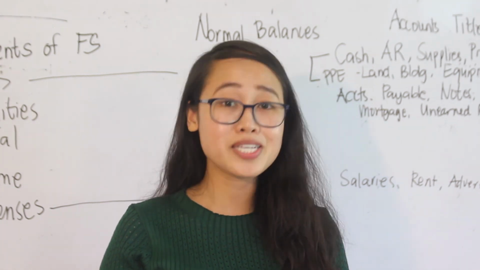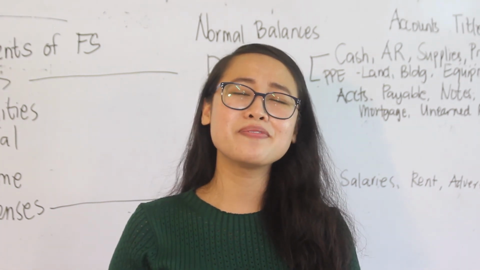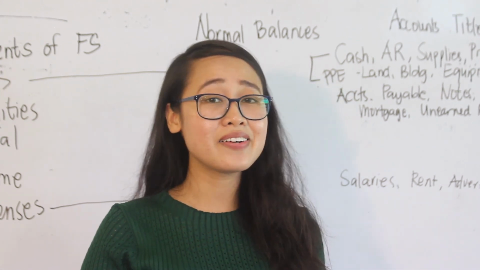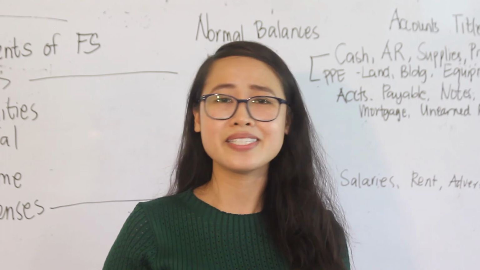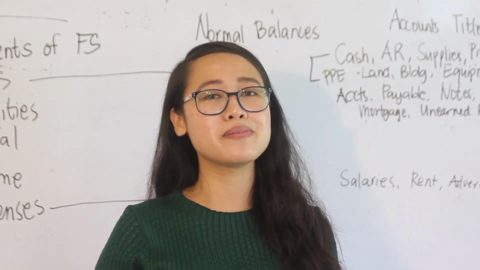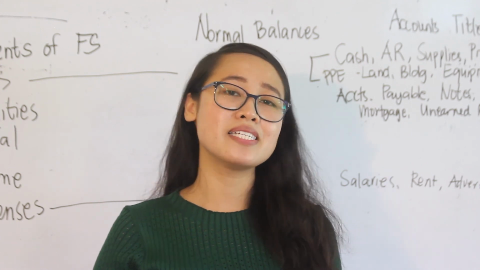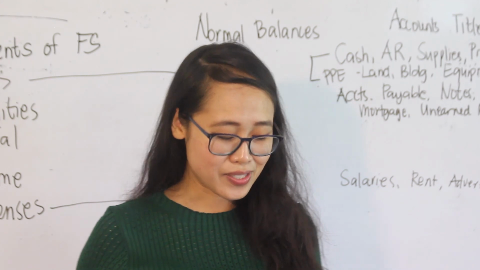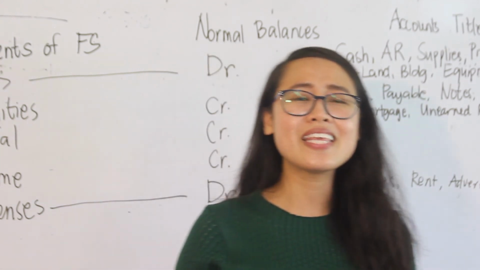And then we have also expenses. We're very familiar with expenses. So we have rent, salaries, advertising expense, utilities expense, miscellaneous expense, and other examples of expenses. And the normal balances are on the debit side. So these are the things that we've learned.